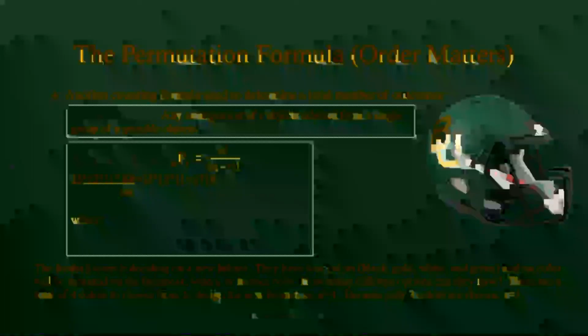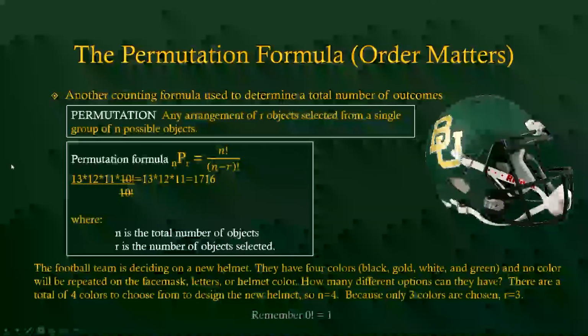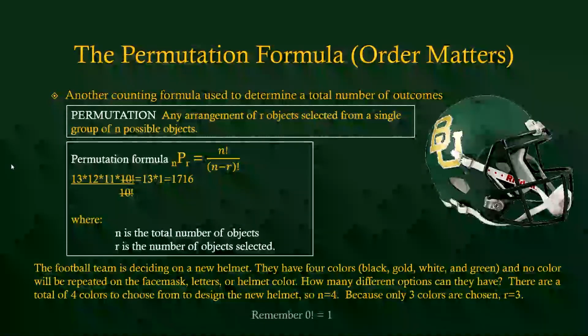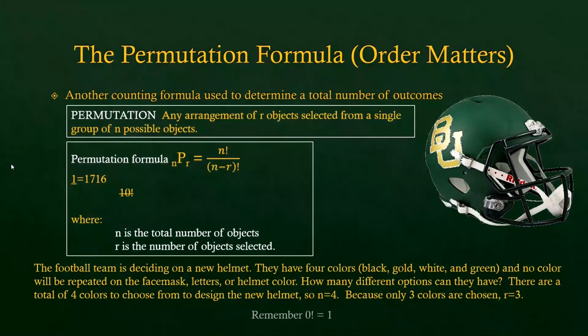So what we have now is, let me back this up, 4 factorial, which is the number of possible choices, divided by 4 minus 3 factorial.